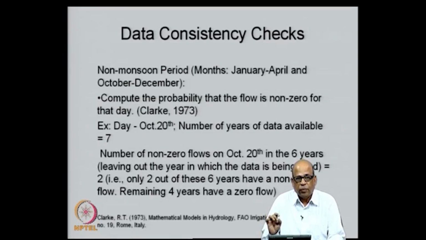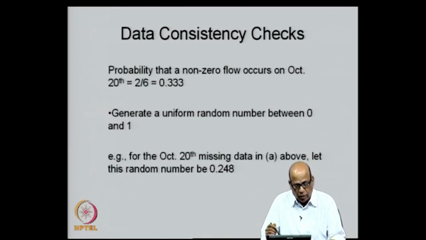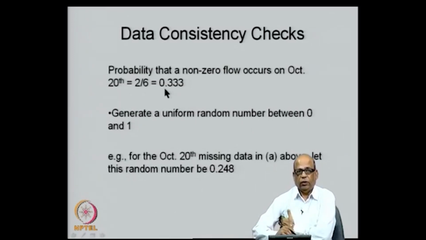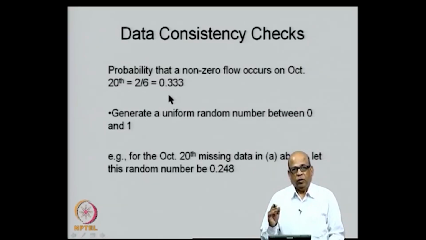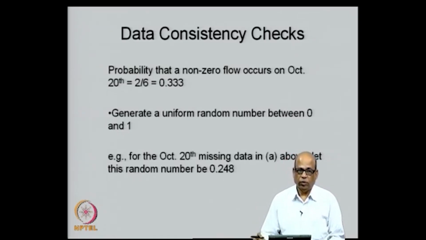So, you compute the proportion, I will not call it probability, of the number of periods in which the flow is non-zero for that particular period. Let us say we get this probability as 0.333 in this particular case. So, for a particular day we know the estimate of the probability of flow being non-zero.